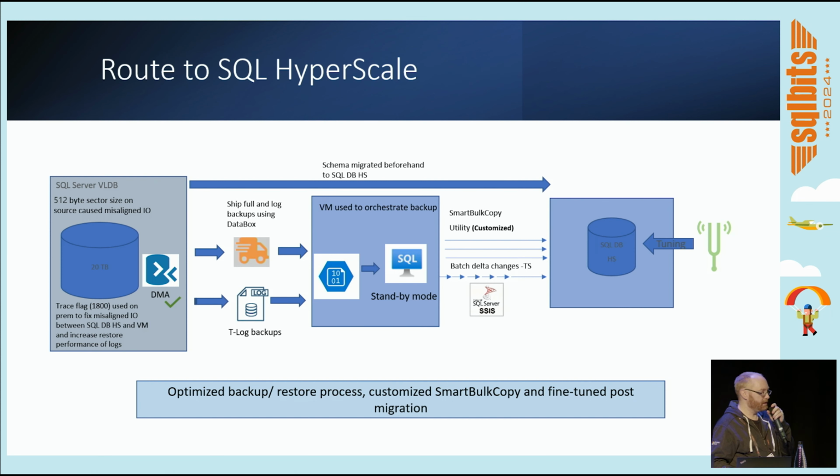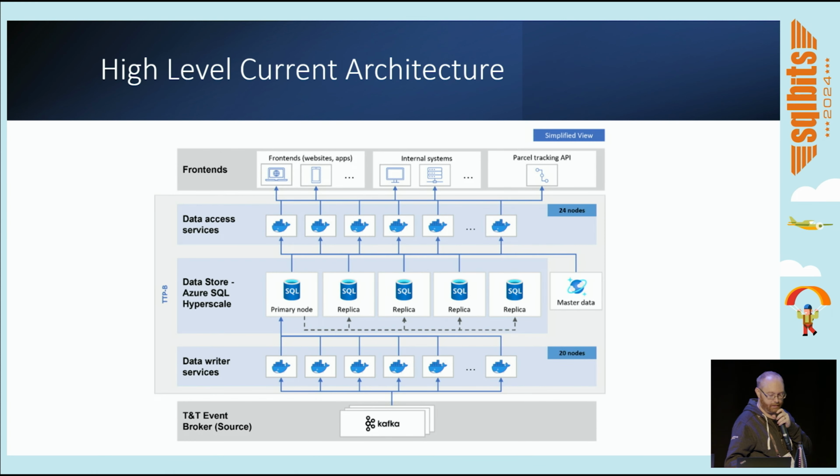We were able to do this migration with a downtime to the customer of exactly 24 minutes, and it was a highly successful migration. Their current architecture in Azure gives them the ability to do very high scale in terms of their read activity. As you can imagine, if you're shipping anything and you want to check the status of your package, this is the system you're using with DHL.